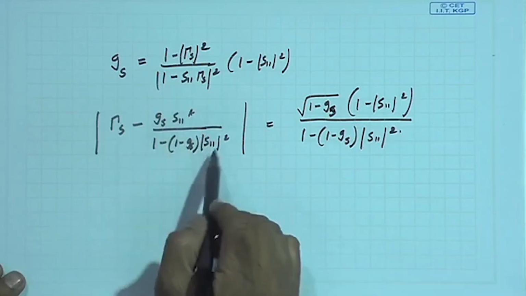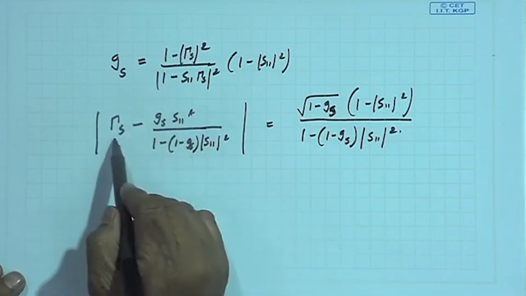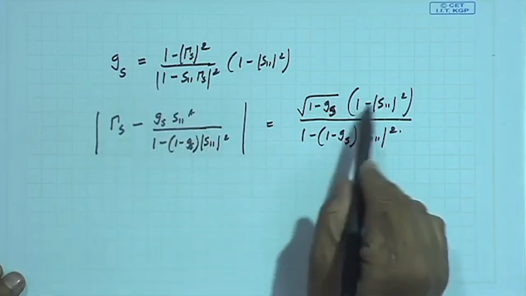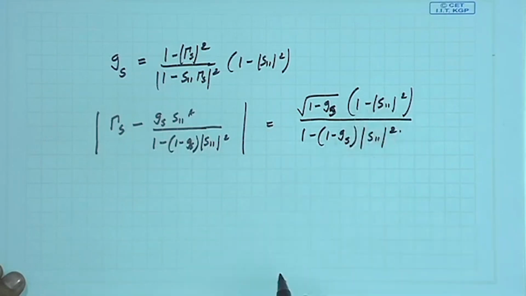So, you see again this is a complex number, this is a complex number, this is a real number. Small gs is a real number.